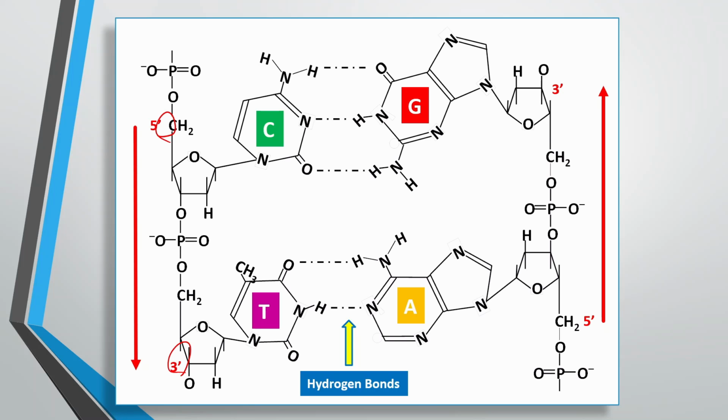So on this slide, that means on the left going down, on the right going up. And that resulting order of the DNA bases is referred to as the DNA sequence.